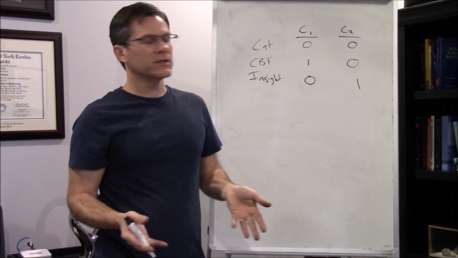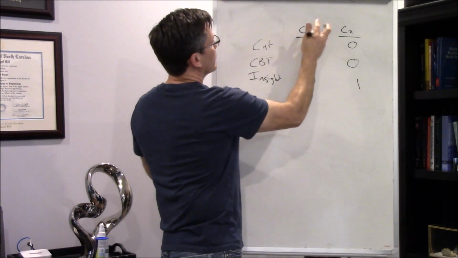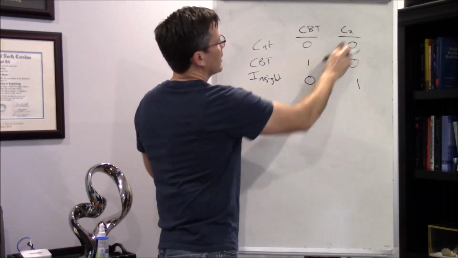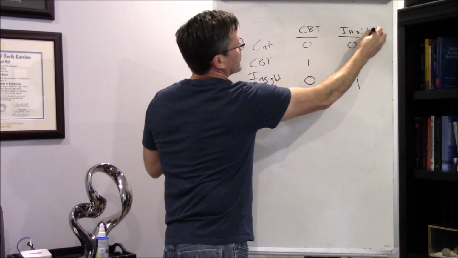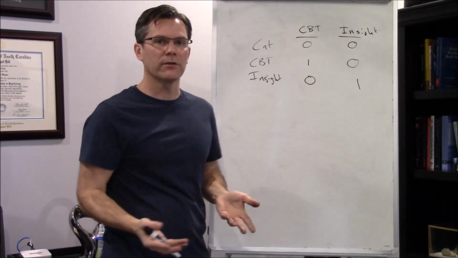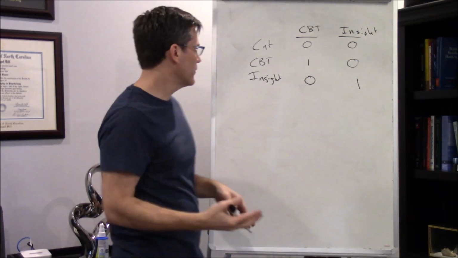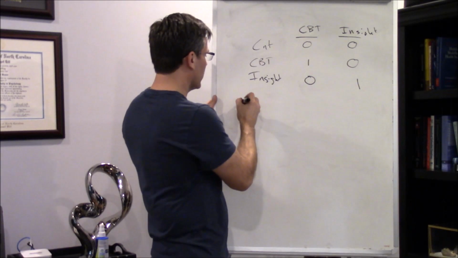So what we've really done is just created 2 indicator variables: one we can call CBT, and another we can call insight. These 2 indicator variables are going to differentiate the 3 categories of treatment.